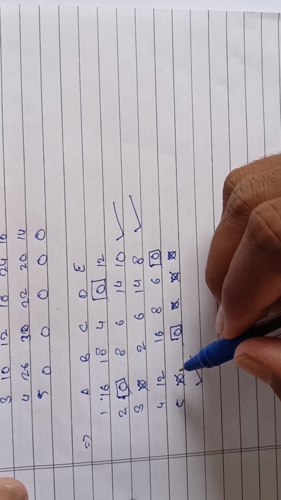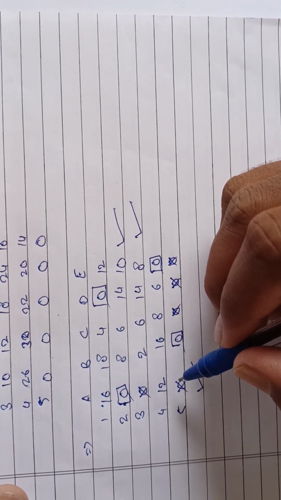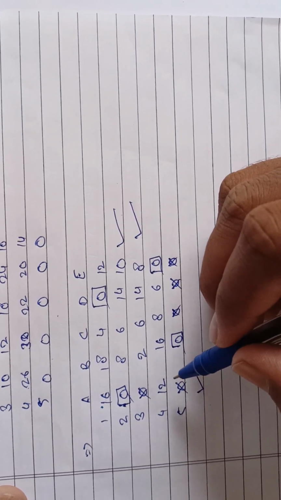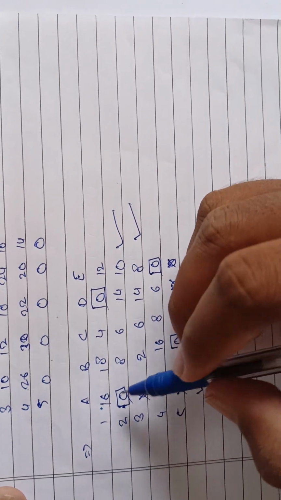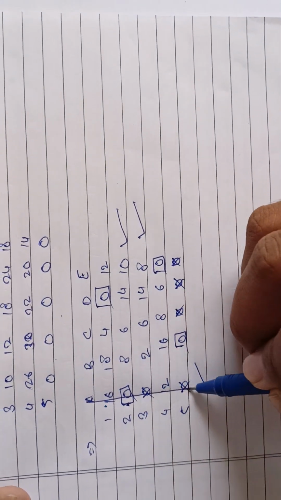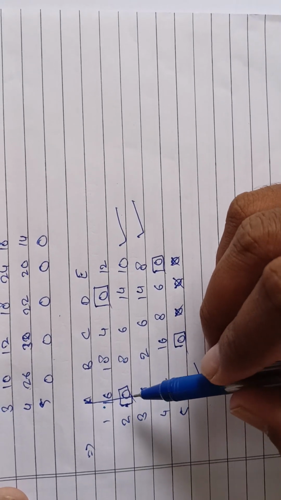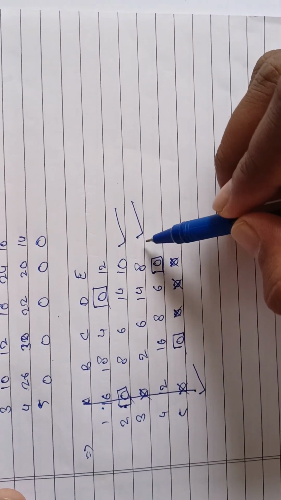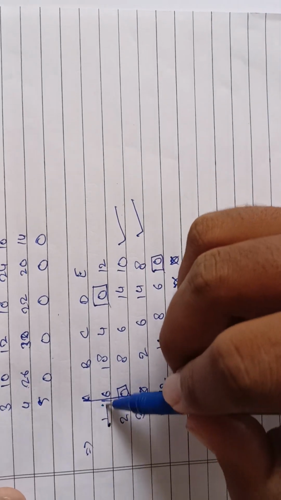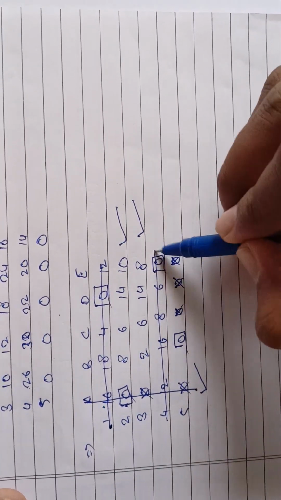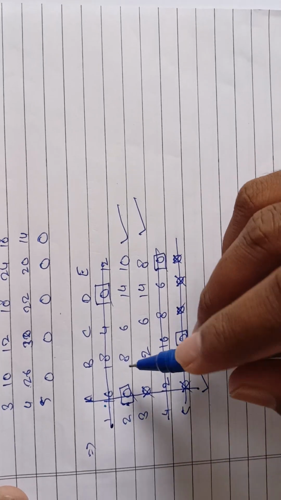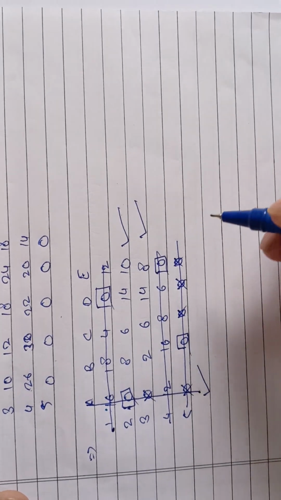The lines are to be drawn through all the marked columns. So this is the marked column, so we'll draw a line here, and through all the unmarked rows. Now the final matrix we have is like this.